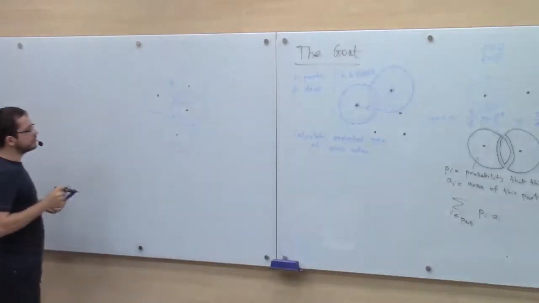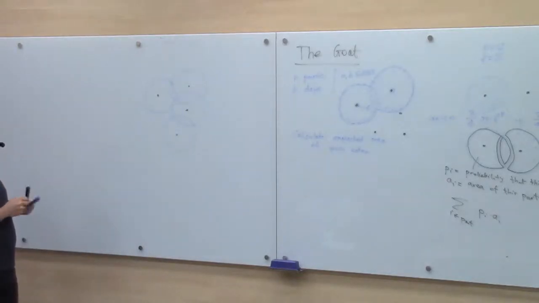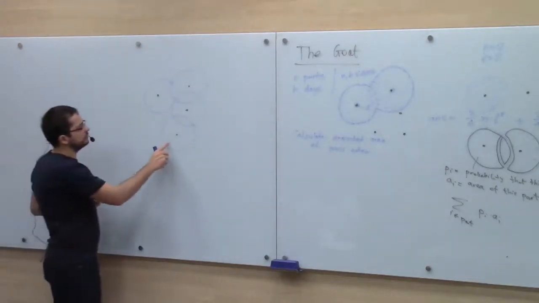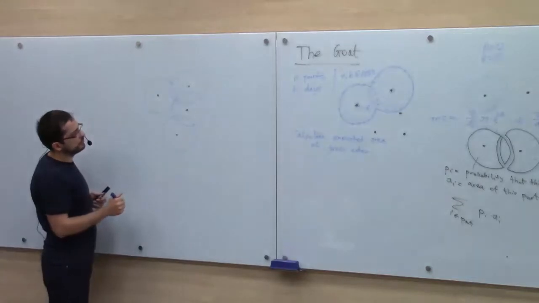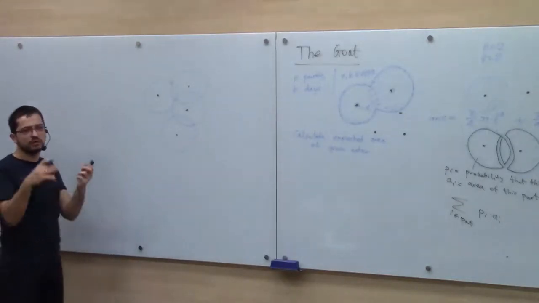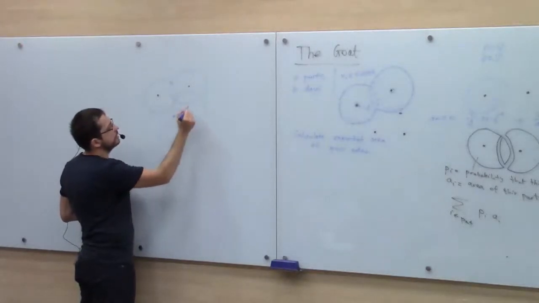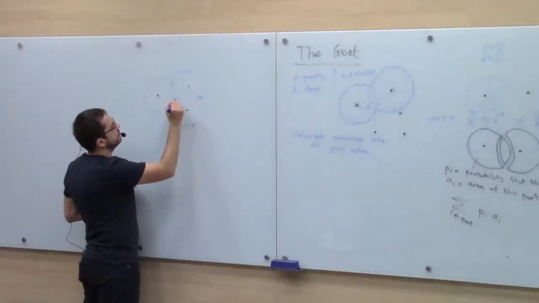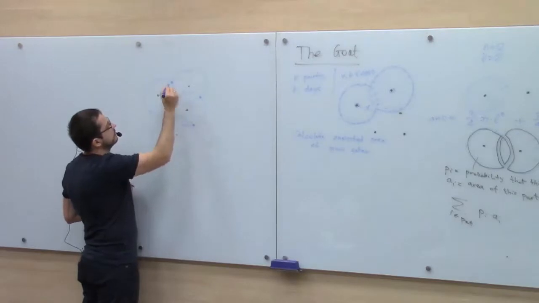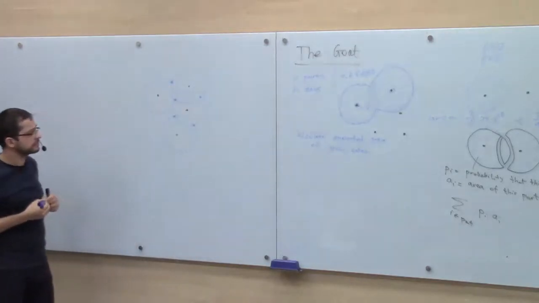In order to split them into parts, we need to know where these circles intersect. So, for instance, we need to calculate all of these points.